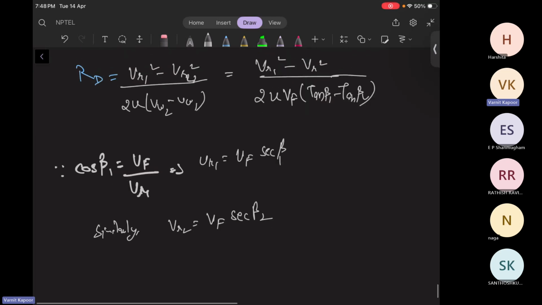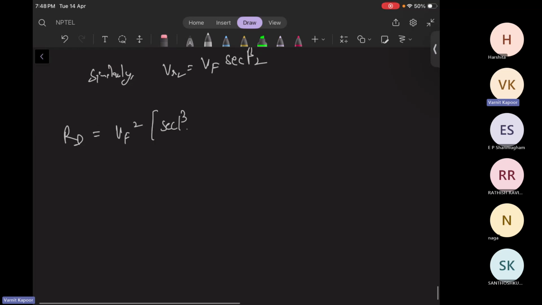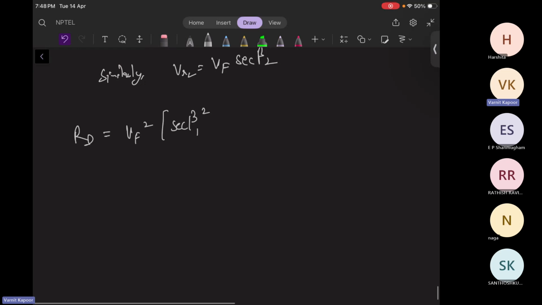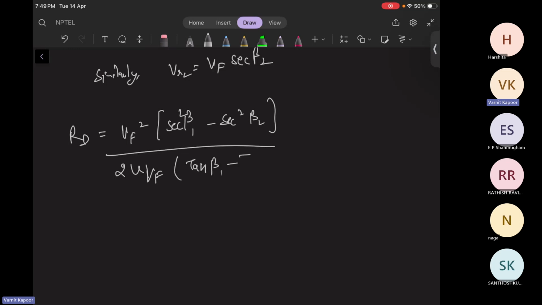Put these values above. So your degree of reaction will be Vf square (secant square beta 1 minus secant square beta 2) over 2U Vf times (tan beta 1 minus tan beta 2). Vf cancels out.